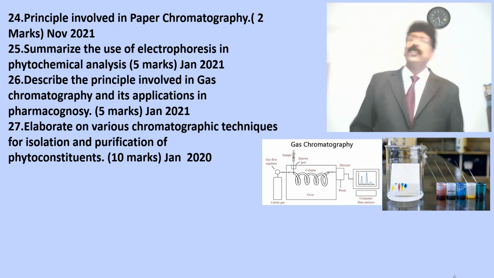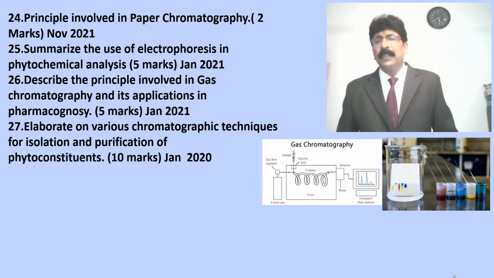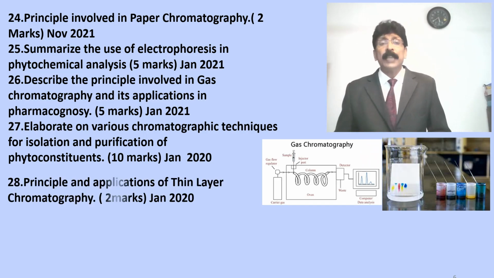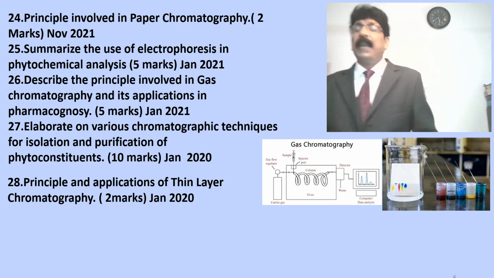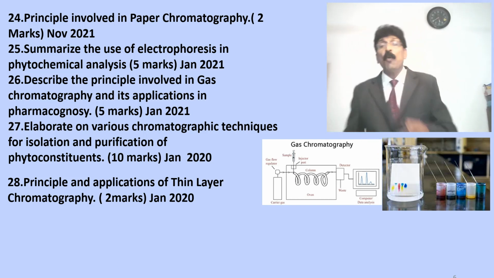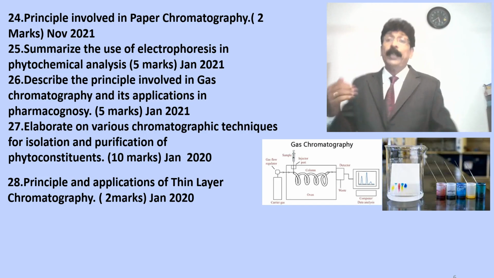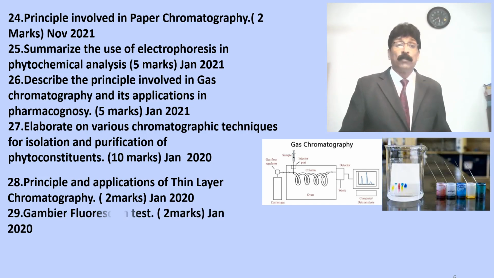For a 10-mark question, you should write all the techniques and all their applications. If you explain, then only the evaluator can give you 10 out of 10 marks. And principle and application of thin layer chromatography, they have specifically asked as a 2-mark question. So you should know the importance of a 10-mark question, and not write simply a principle, or it will not give you 2 marks.